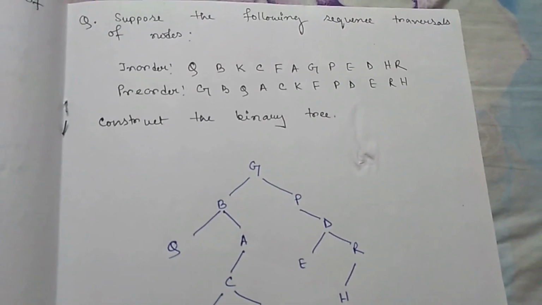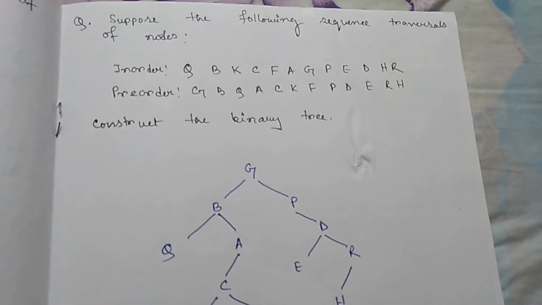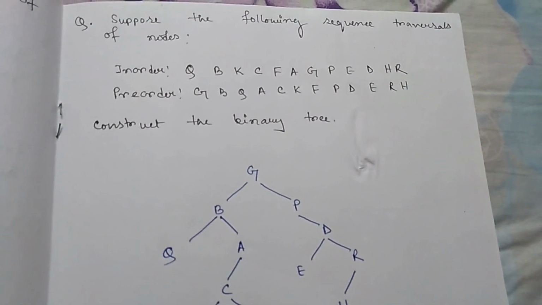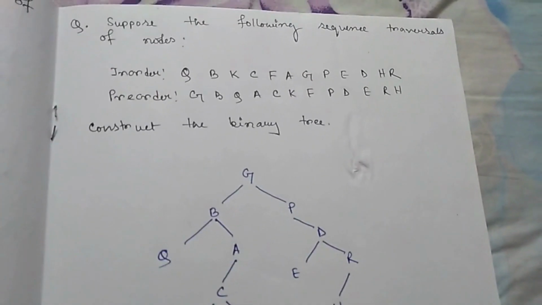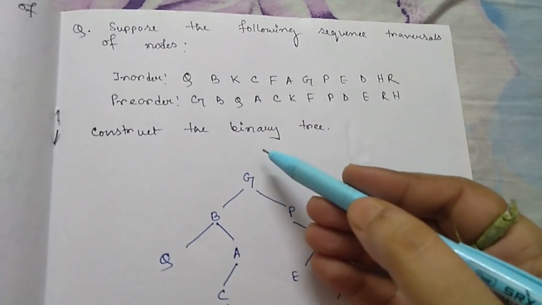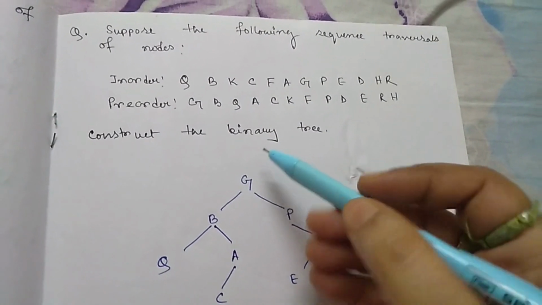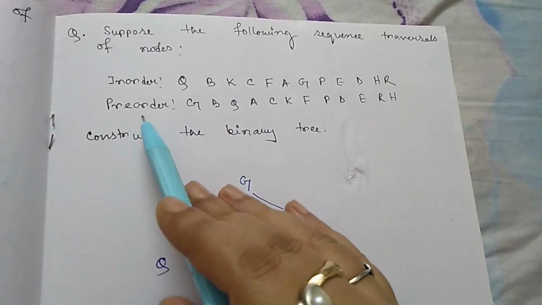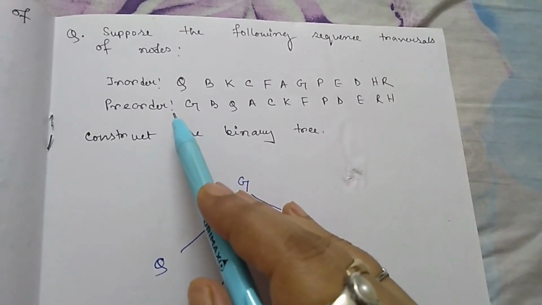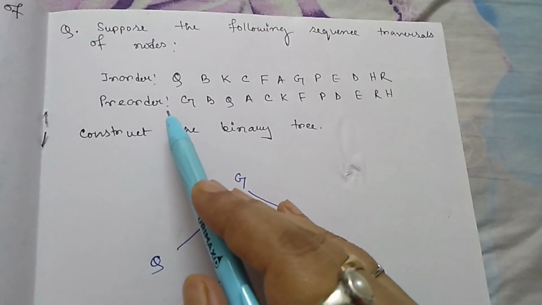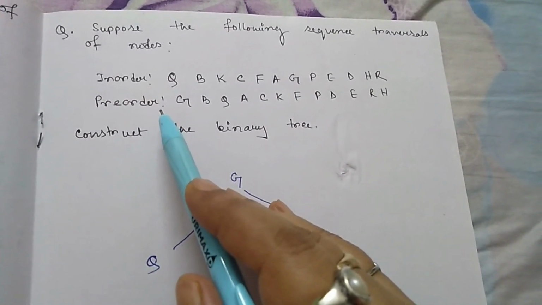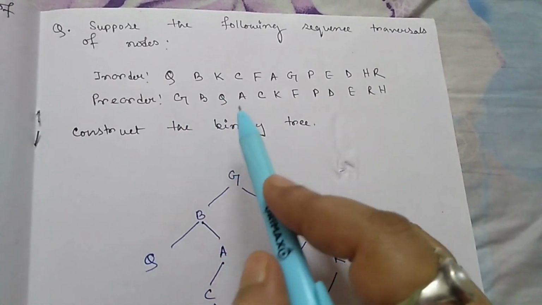Another example of a binary search tree. Here the same orders are given, that is, in-order as well as pre-order sequence, and from those sequences we have to construct the binary search tree. At first we have to find out the root of that tree, and according to the formula, pre-order is root, left, right.